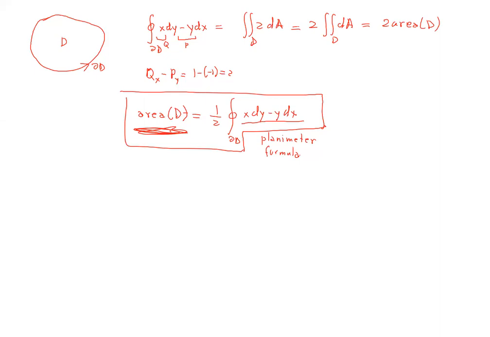So let's start by computing the area of the ellipse with boundary x squared over a squared plus y squared over b squared is equal to 1.